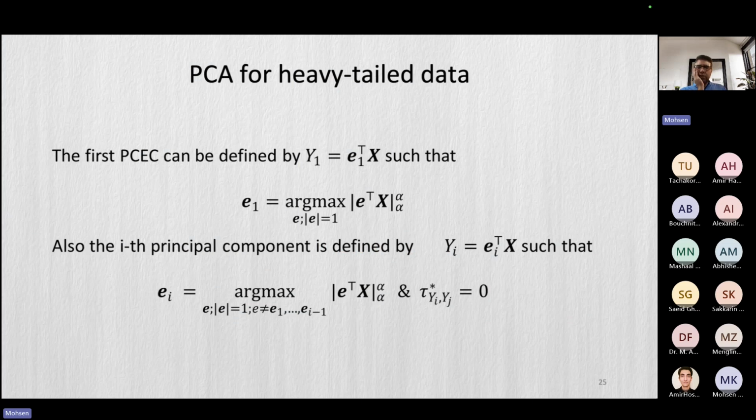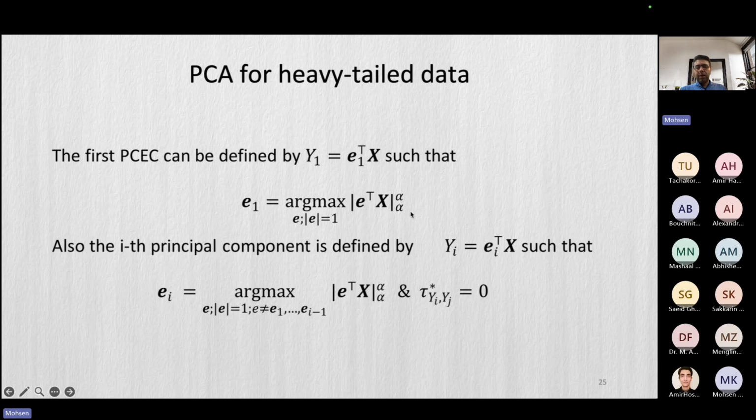Instead of using the correlation, we propose a new method, which we call the principal component for heavy tail data based on the codifference. The idea is that we first find a unit vector which introduces a linear combination of the data such that it gives you the highest norm.